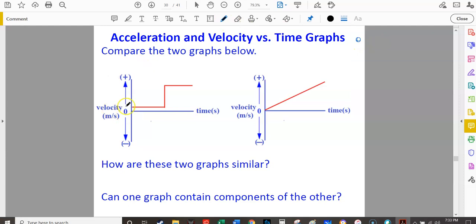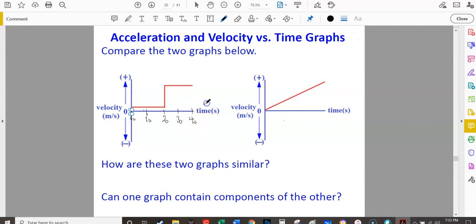So over here, we have a velocity versus time graph, and I'm going to break this up. This can be 0 seconds, 1 second, 2 seconds, and you've probably seen this in your lab book, 4 seconds.